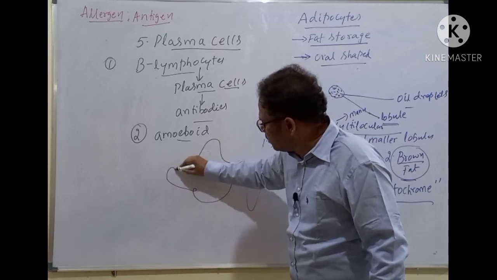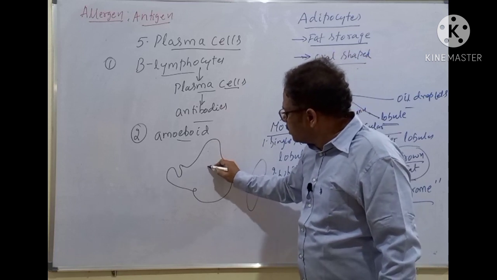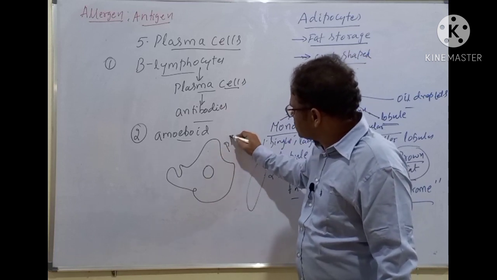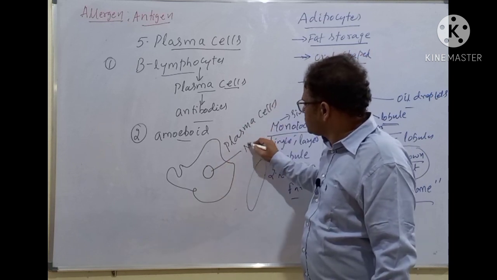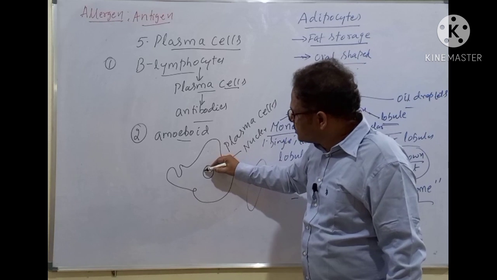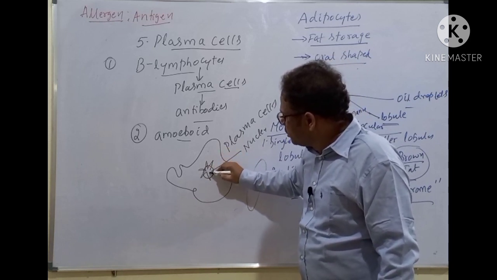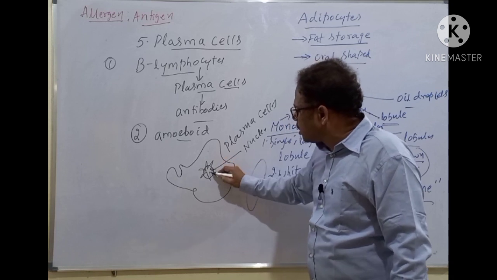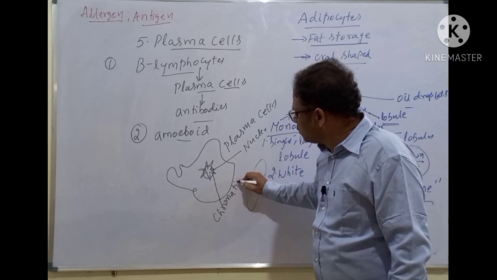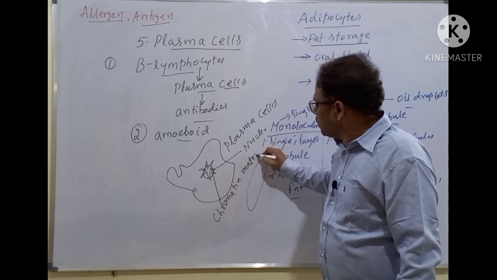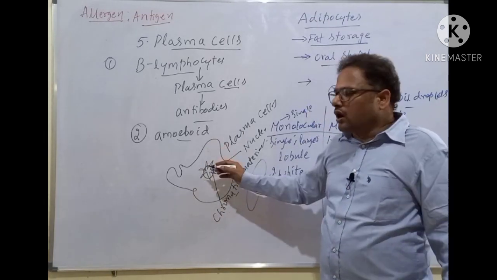This is, for example, a plasma cell. It contains a nucleus, and the nucleus contains a chromatin network, which is present as a cartwheel. The chromatin material is arranged just like the spokes of a wheel.